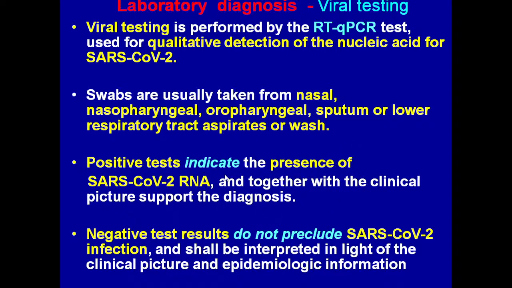Then a positive test indicates the presence of the SARS-CoV-2 RNA, and together with the clinical picture, it supports the diagnosis of COVID-19. A negative test result does not preclude SARS-CoV-2 infection and shall be interpreted in light of the clinical picture and epidemiological information.